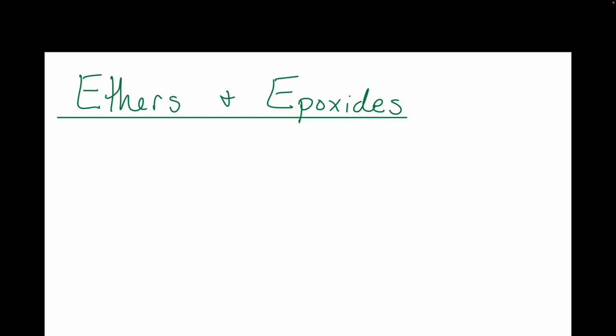Okay, so first of all, an ether is another oxygen-containing functional group, but that oxygen is necessarily sandwiched between two carbon atoms, right? So our alcohol necessarily had that hydroxyl group, that OH group.